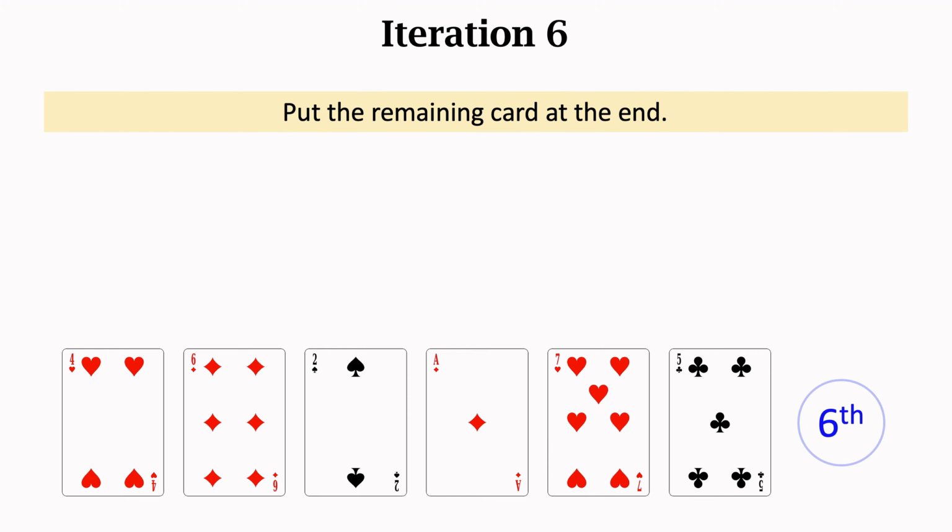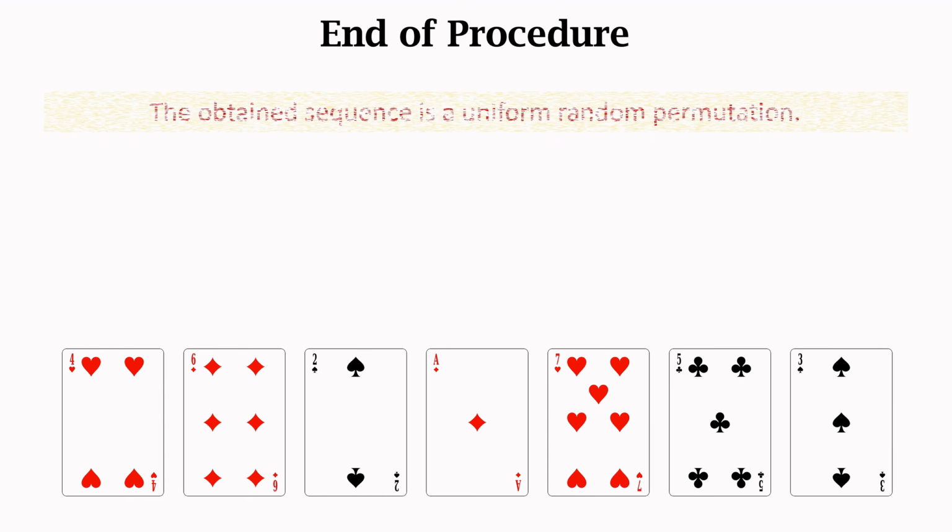Finally, there is only 1 card left. We cannot perform random sampling, so we don't perform random sampling. Directly put the remaining card in the last position. The obtained sequence is a uniform random permutation. The algorithm outputs the sequence.